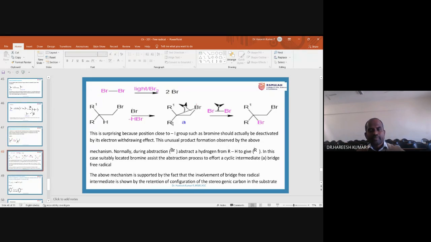So look here, the first step is radical initiation. Radical initiation means homolytic cleavage, giving rise to Br radical. Once the Br radical is obtained, it will react with the alkyl bromide compound.